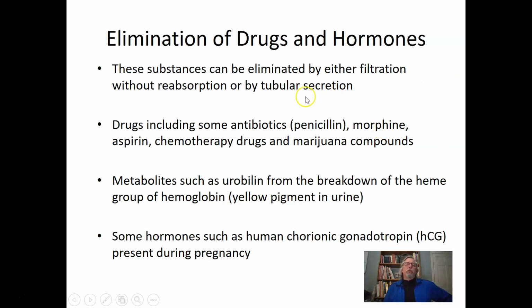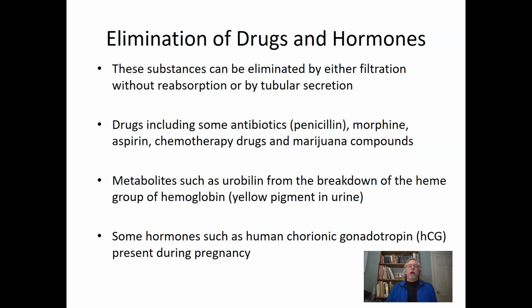Or by tubular secretion, so they can be added into the tubule by traveling out of the bloodstream and entering the tubule by tubular secretion. So a number of drugs enter into the urine through either of these two pathways.